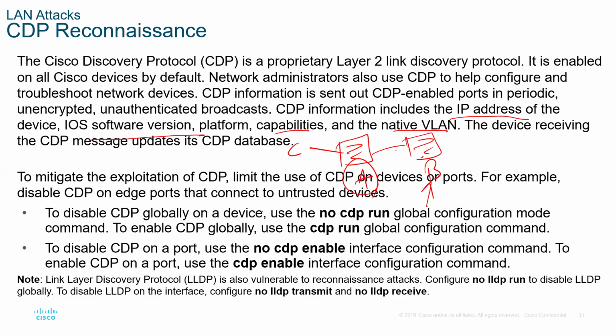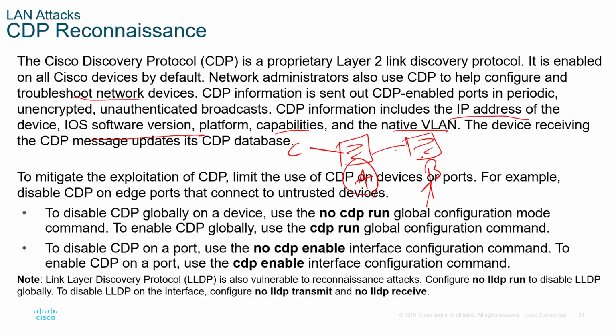So CDP, as much as it is useful, especially in troubleshooting devices, and it might be helpful knowing the parameters of the neighboring device, no matter how helpful that is, it can also be exploited by attackers.